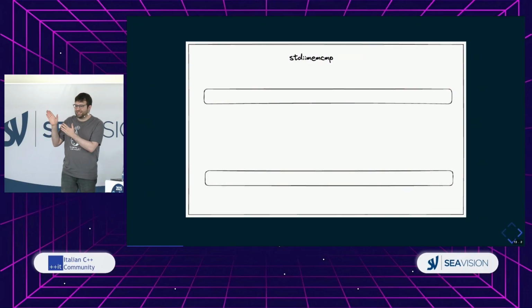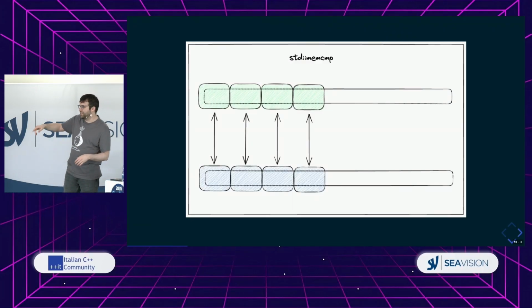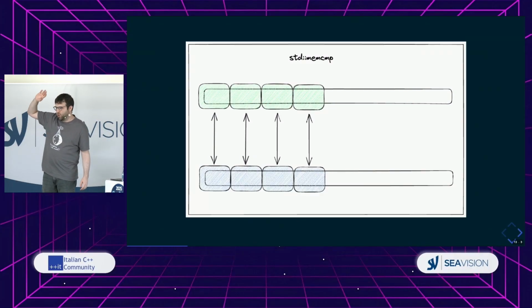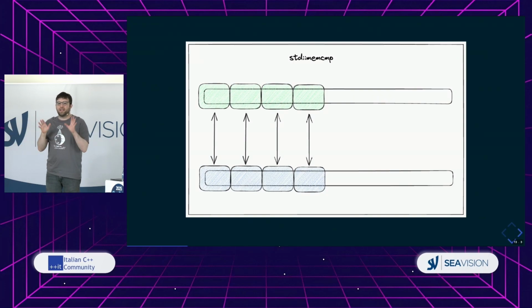But mismatch is the main algorithm. If you open cppreference, you will see some code like that. If you just use the code from cppreference, it goes byte by byte and compares 2 arrays. In standard C++ that you know, no fancy instructions, can you do better than this?